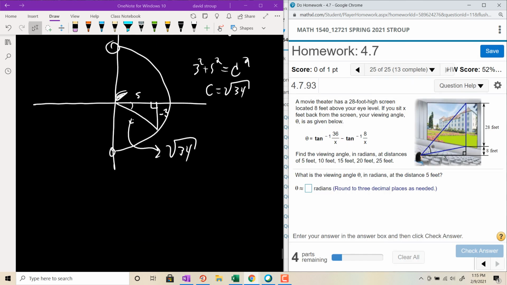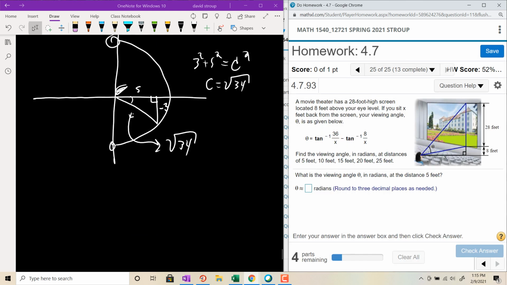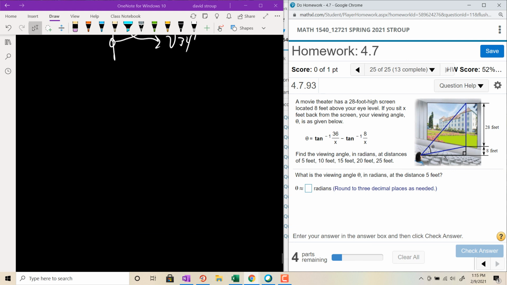Whew, this looks like some sort of calculator problem. The movie theater has a 28 foot high screen, so they give us a picture here. We're going to be doing applications in 4.8, so this will get us ready for that. I'll just do this last one and then cut the video.